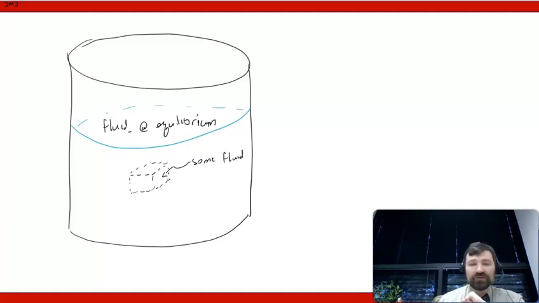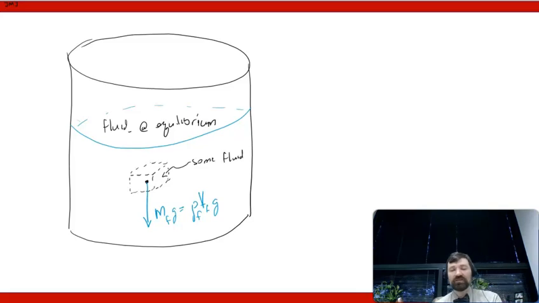And this fluid has, we know, a force acting on it from gravity downward of mass of fluid times g, or in other words, density of fluid times volume of fluid times g. Okay, that's fairly straightforward. Everything is at equilibrium.